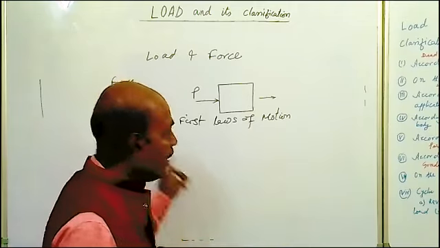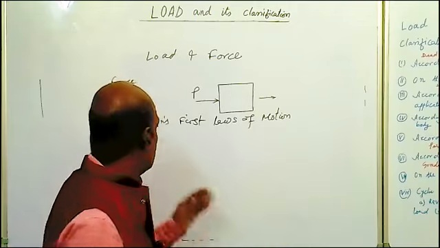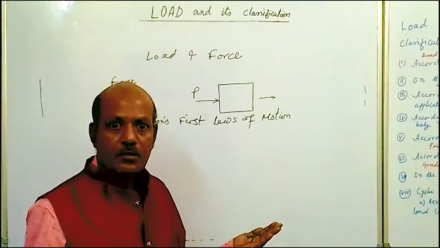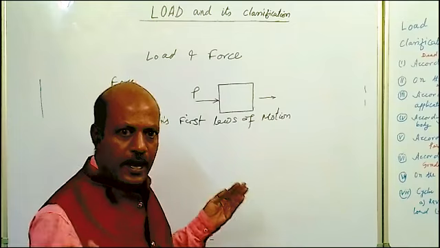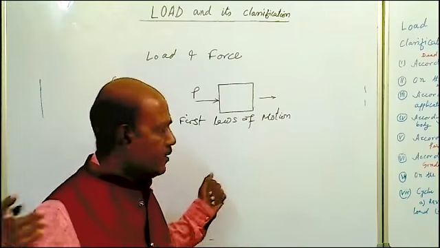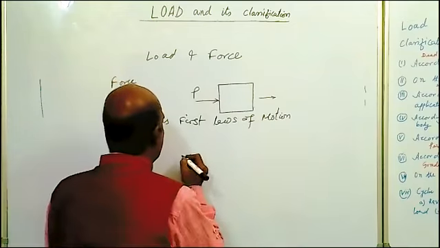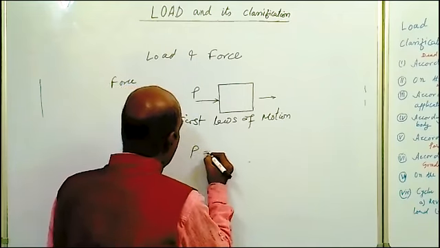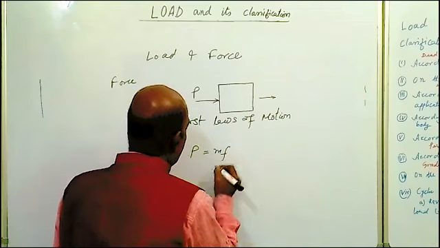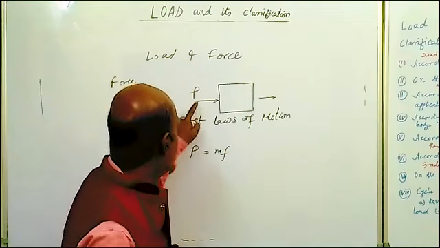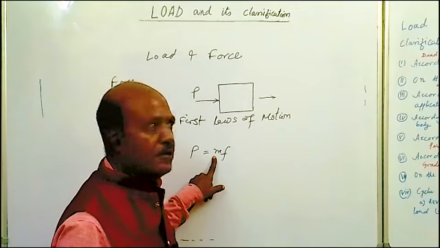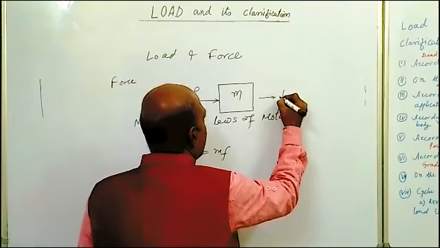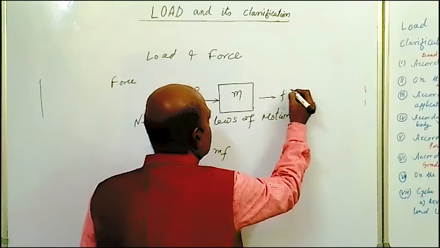So what is Newton's second law of motion? The rate of change of momentum is directly proportional to the applied force and acts in the same direction. Mathematically, it is given by P = mF, where P is the force applied over the body, m is the mass of the body, and F is the acceleration produced in the body.